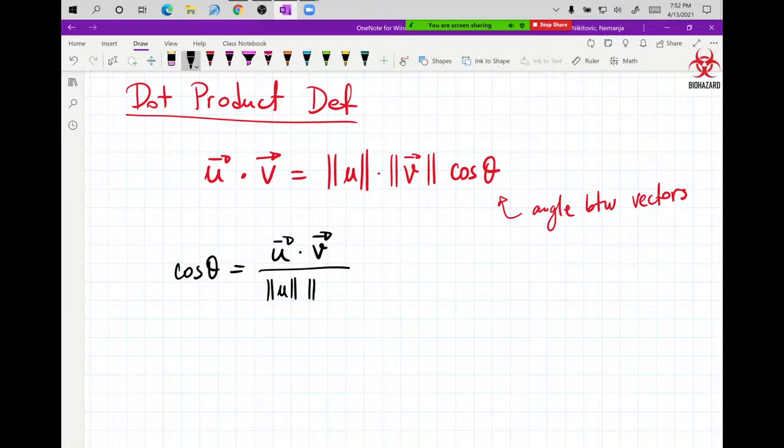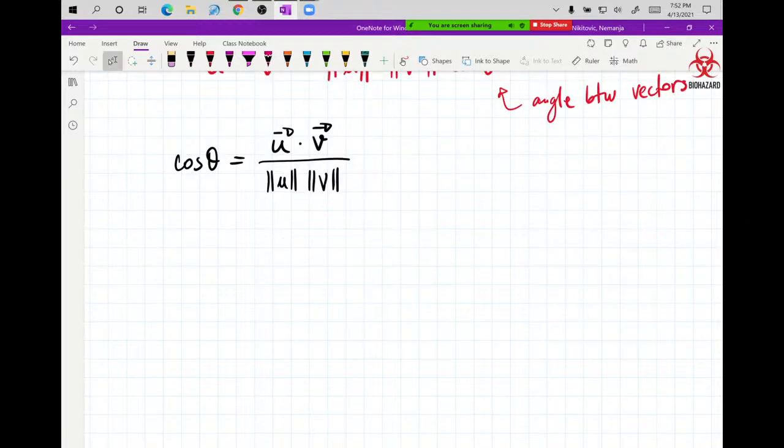Those also give you numbers, right? And now, to get theta alone, which is the angle between the two vectors, you just use the inverse cosine. So theta is the inverse cosine of this mess.